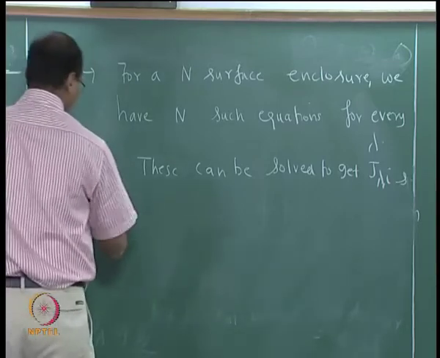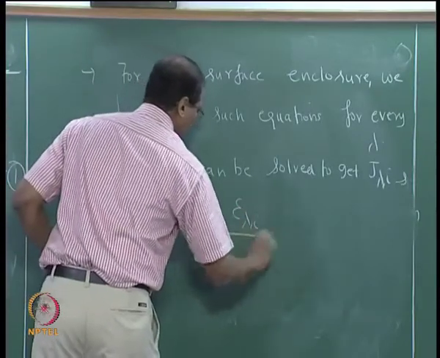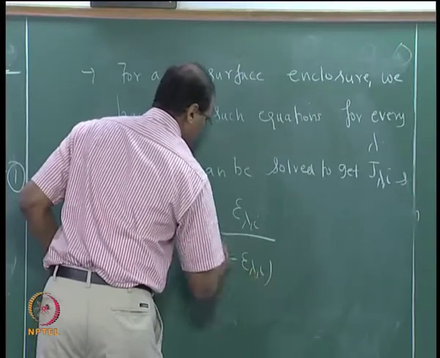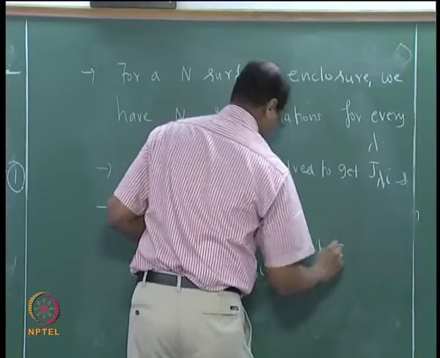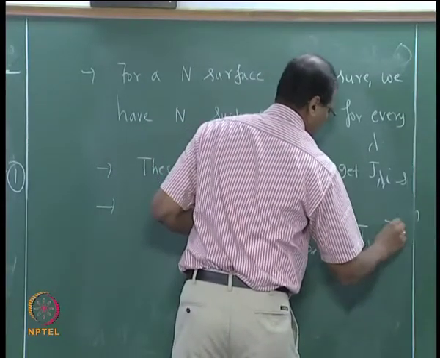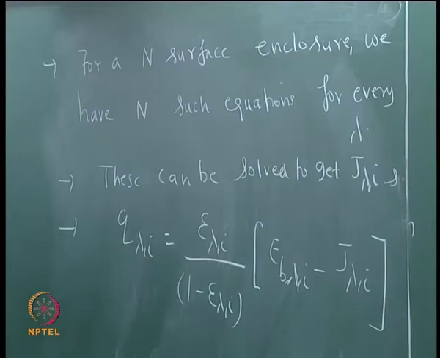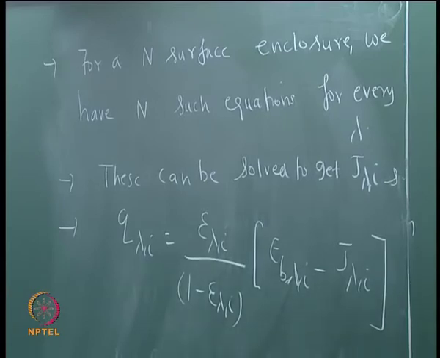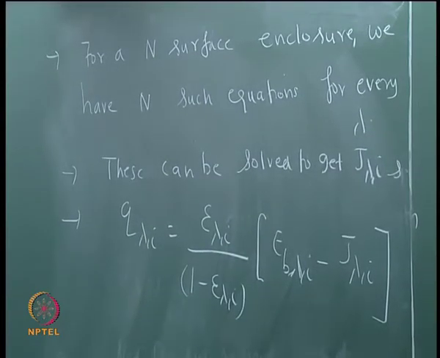Now the Q lambda i will be epsilon lambda i by 1 minus epsilon lambda i, into E b lambda i minus J lambda i.